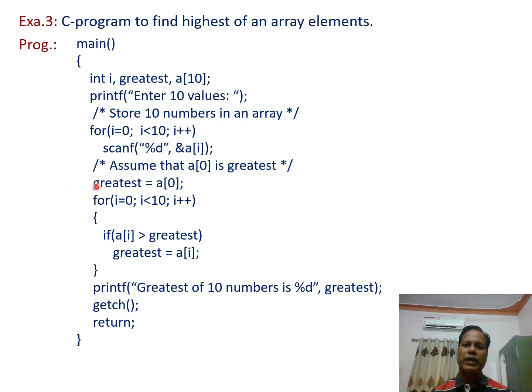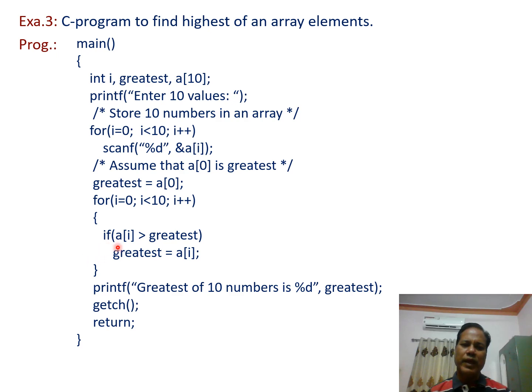So here we assume greatest equals A[0]. The first element value is the greatest value. So for i equal to 0, i less than 10, i plus plus. We write the looping statement because we have to compare the first element with each element of the array.